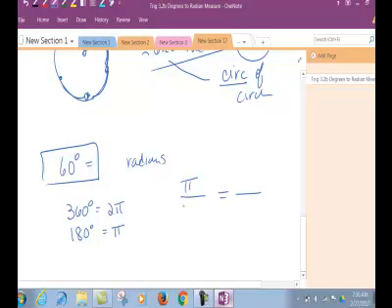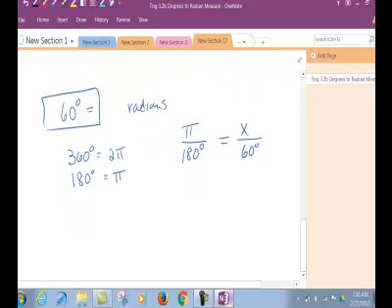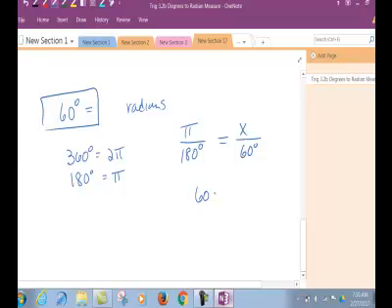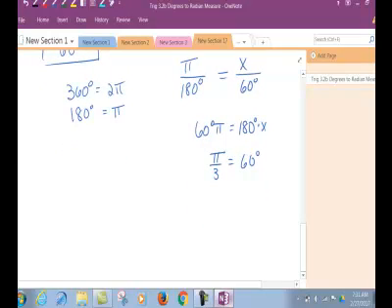On the left side we start with pi is to 180, and on the right side, since we have radians on the top and degrees on the bottom, we put degrees on the bottom and put our variable there. We solve this by saying 60 degrees times pi is equal to 180 degrees times x, and when we divide both sides by 180, we get that pi over 3 is the equivalent radian measure of 60 degrees.